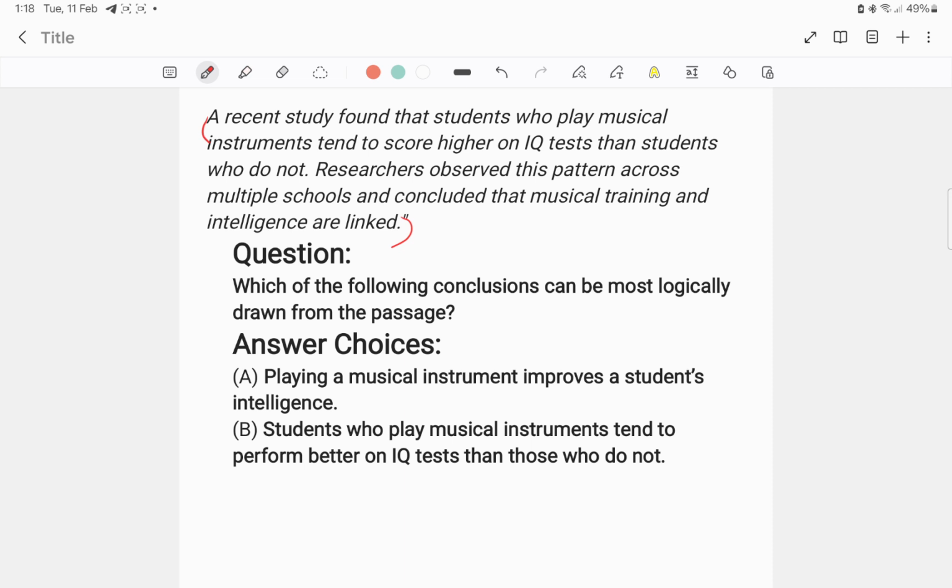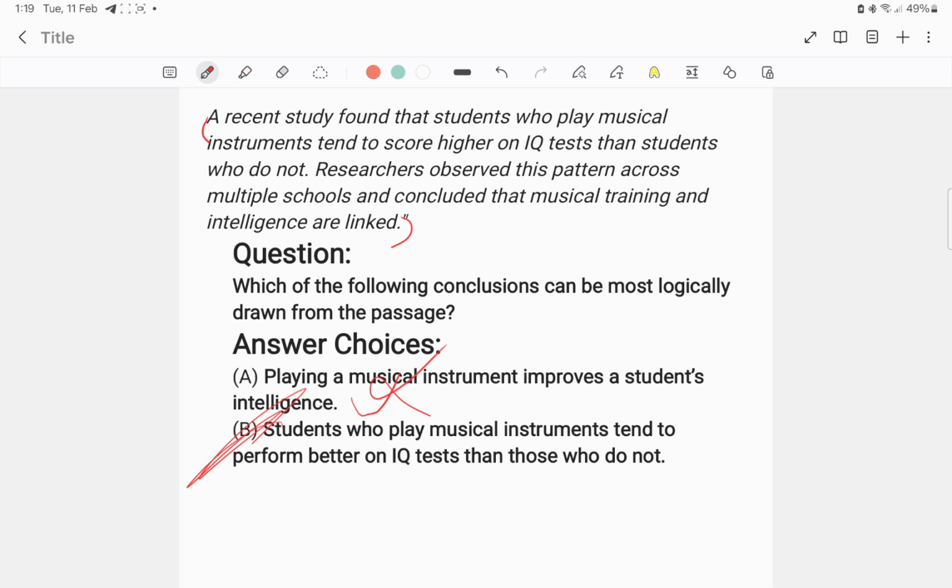That is a cause and effect relationship that is not mentioned in the passage, and it wrongly assumes that playing an instrument directly increases intelligence, so it can't be right. B will be the correct answer because it states only what is given in the passage, a correlation.